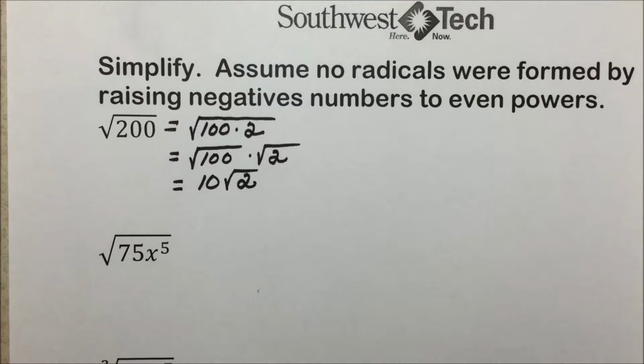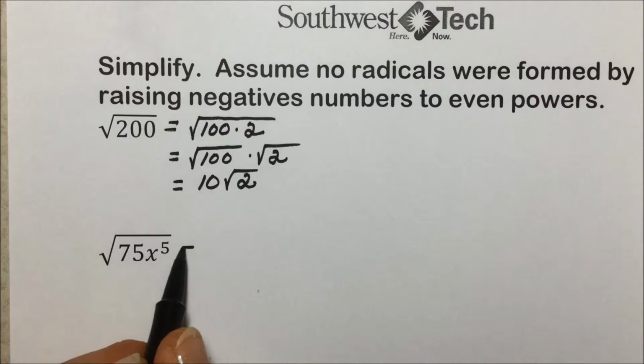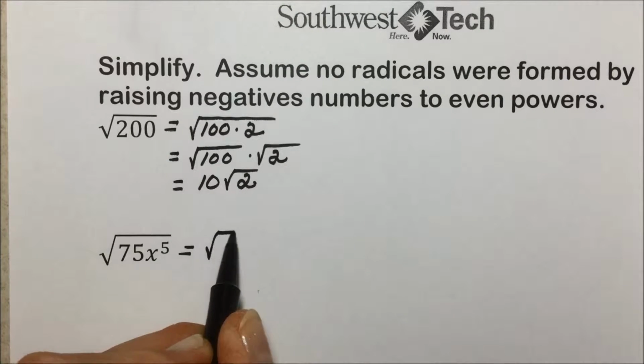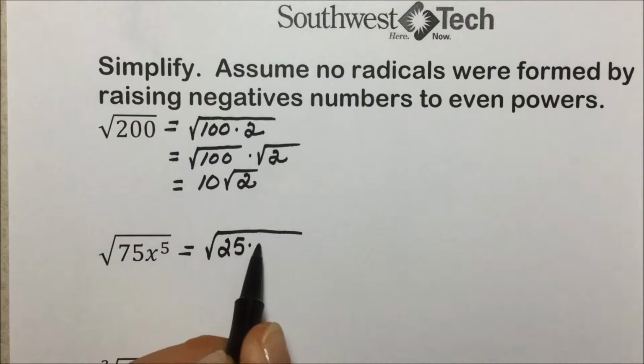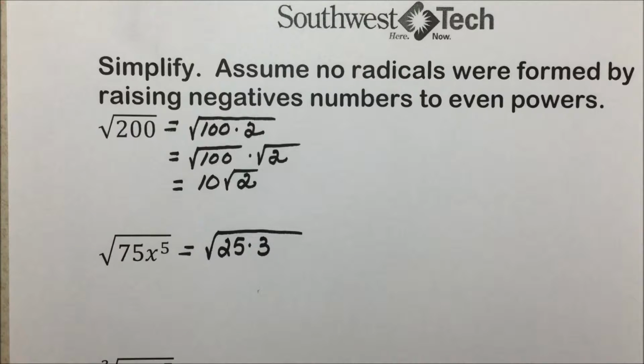In the next example, using that same technique, looking for the largest perfect square here, since 75 is 25 times 3, we can replace 75 with 25 times 3.